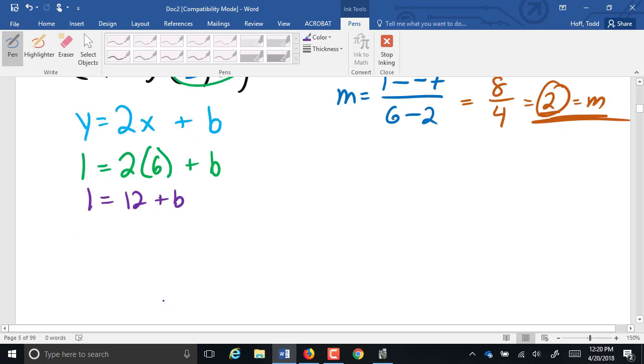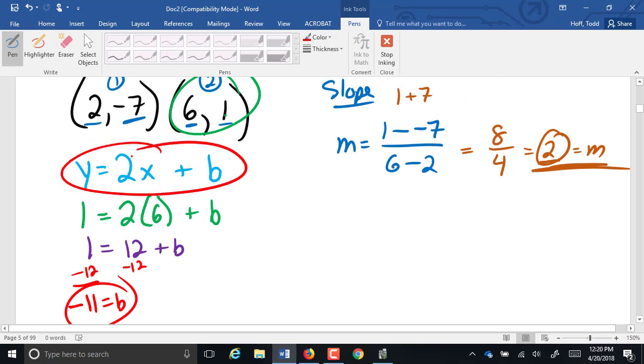So 1 equals 12 plus b. And I'll subtract 12. -11 equals b. So back up to this equation here, b becomes -11. So y equals 2x, and instead of plus b, since it's -11, we just put in -11.